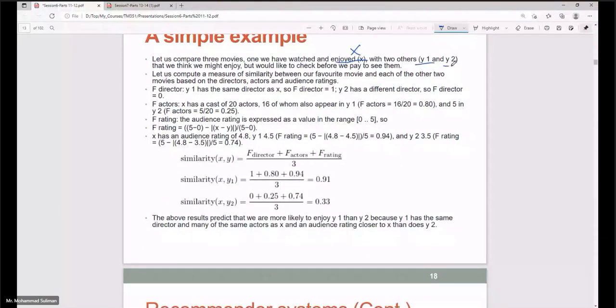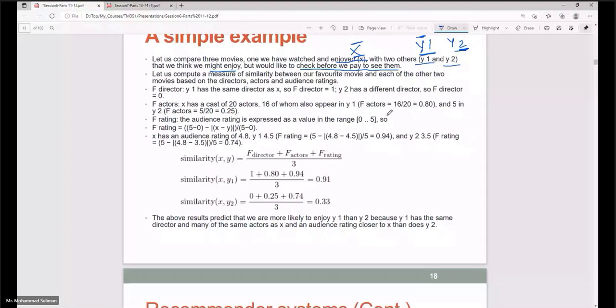So we want to use a recommender system, the content-based recommender system, to check the similarity between X and Y1 and X and Y2, to see which is the most similar, so that we can buy that movie and enjoy it.